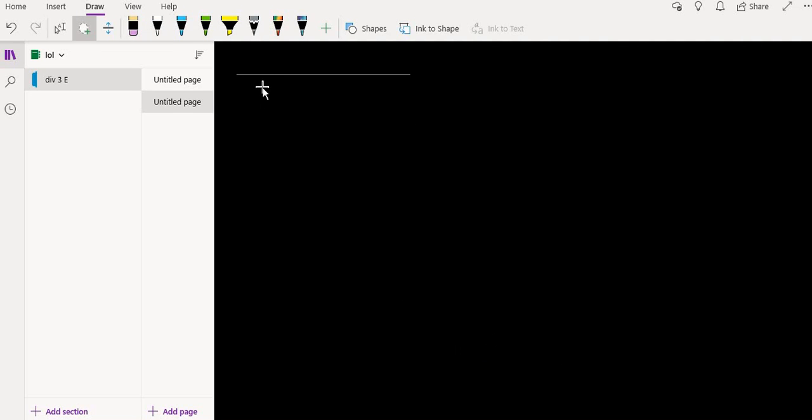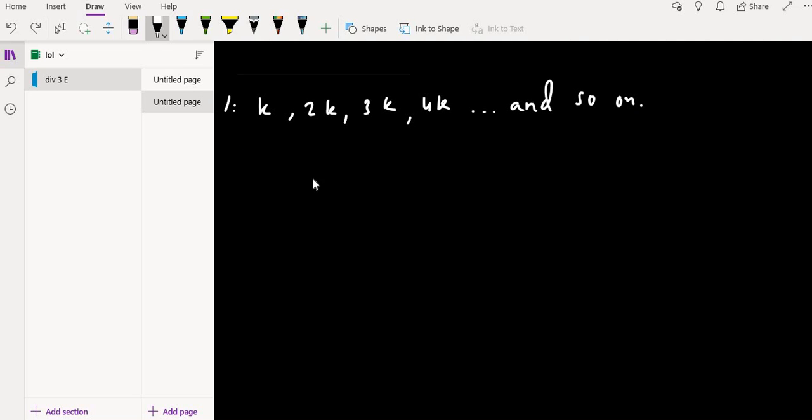So the first observation for this particular question is that whenever we find a string that is k beautiful, it's also going to be 2k beautiful, 3k beautiful, 4k beautiful, and so on. This is the first observation. So let's say k equals 10, and we want to make a 10 beautiful string.